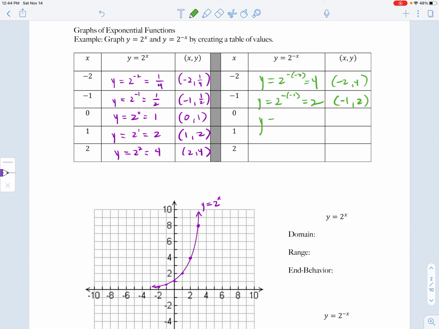If I plug -1 in, then y equals 2. And then 2 to the 0th is 1.